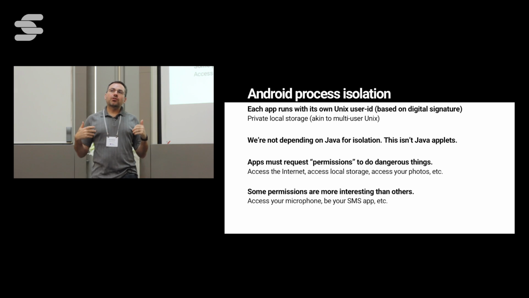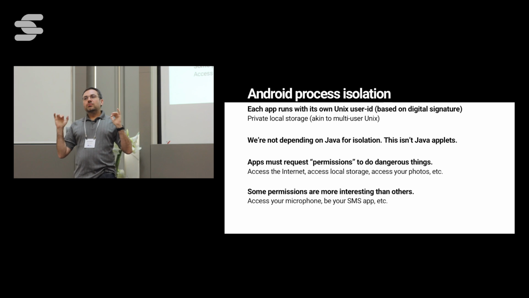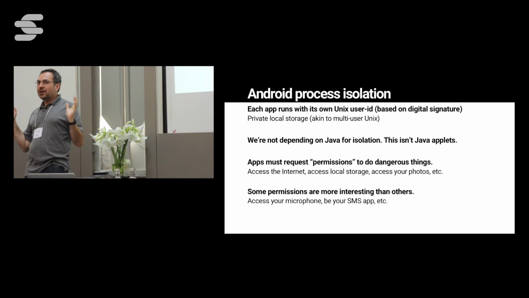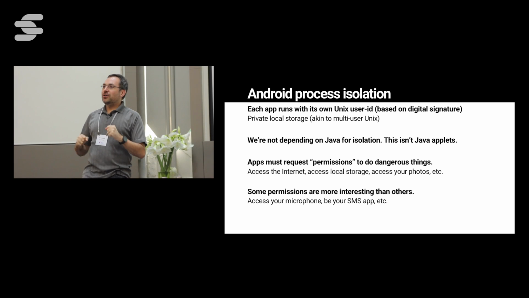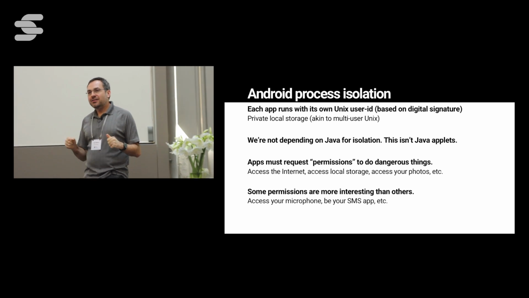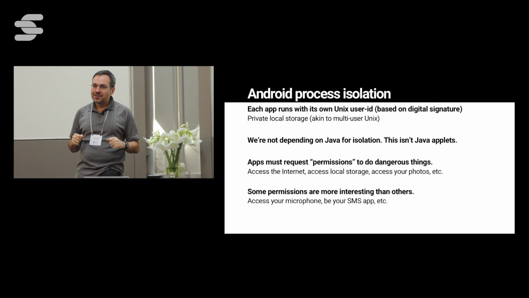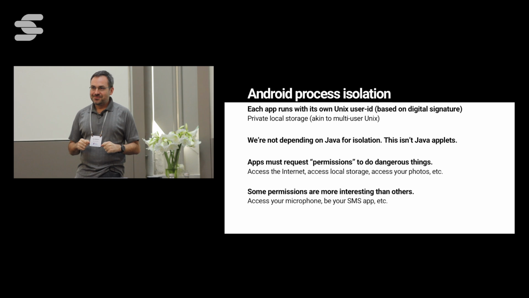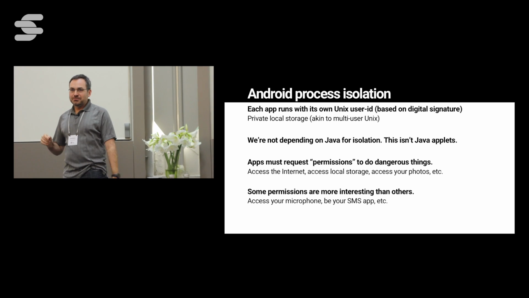Android also uses process isolation. So many of you don't remember the bad old days when you had hundreds of people sharing a single Unix mainframe. When I was a college freshman at Berkeley in 1989, there were 350 students sharing a VAX 11/750 with 8 megabytes of RAM. That's when Emacs stood for Eight Megabytes And Constantly Swapping.